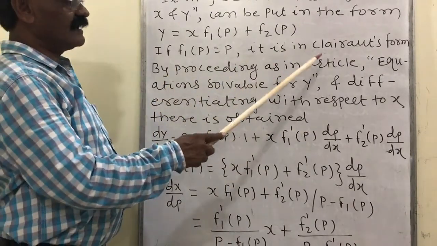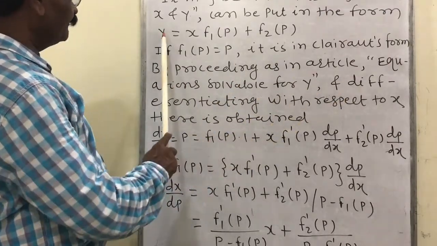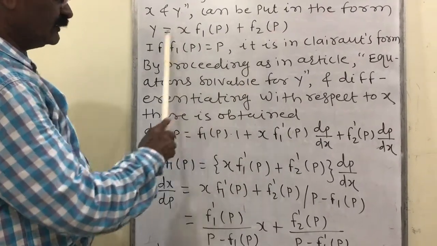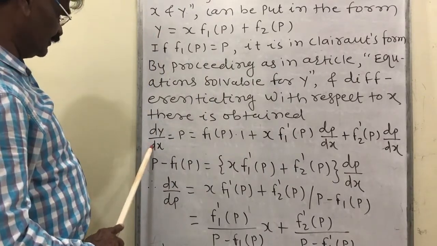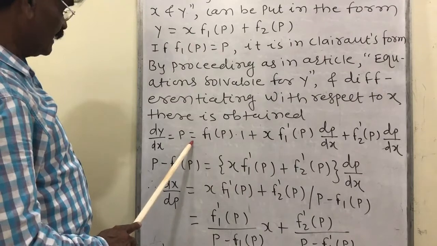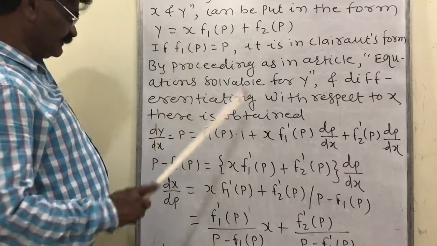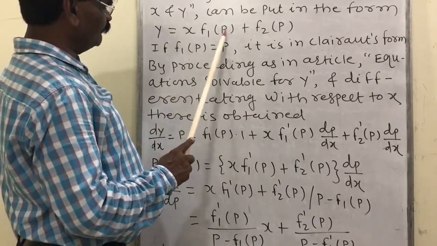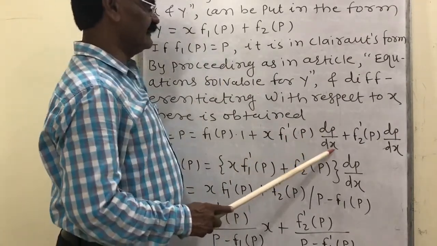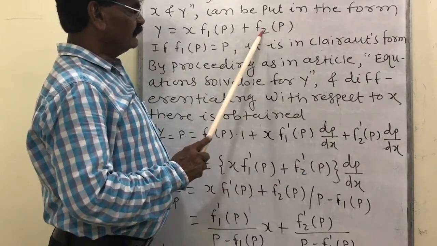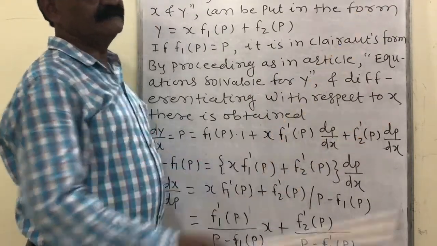By proceeding as in the article on equations soluble for y and differentiating this equation with respect to x, there is obtained dy by dx, which means p, equal to f1 of p, derivative of x is 1, plus x, derivative of f1 of p is f1 dash of p, and derivative of p is dp by dx, plus derivative of f2 of p is f2 dash of p, and derivative of p is dp by dx.